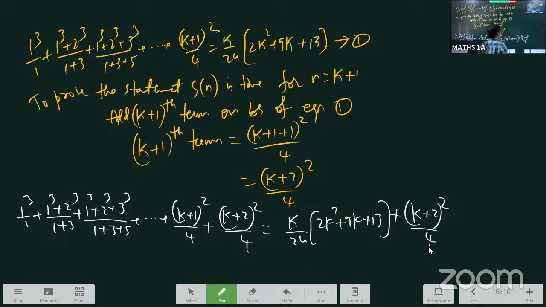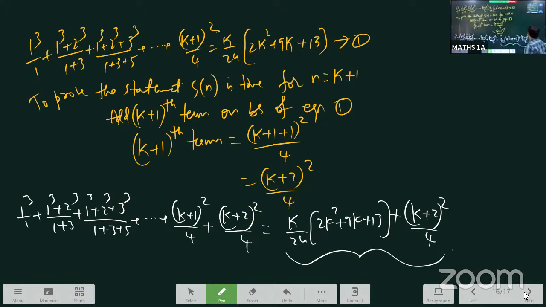Is it clear? Now let us solve this RHS. Once again I will write that RHS here: k by 24 into 2k square plus 9k plus 13, plus k plus 2 whole square by 4.